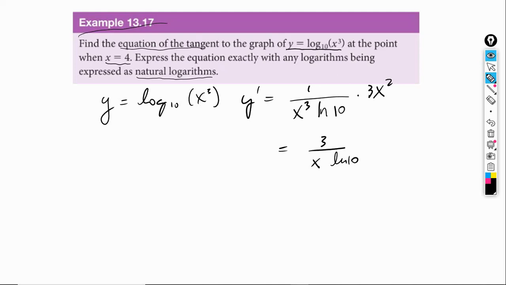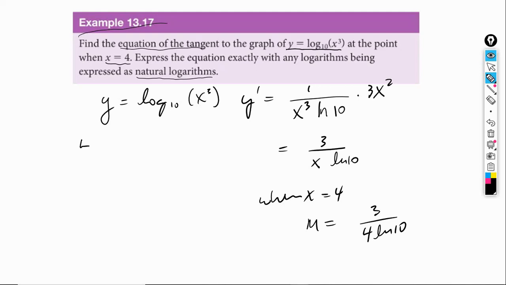So this is the derivative, and that's what we need to find the slope. So when x equals 4, the slope of the tangent is going to equal 3 over 4 natural logarithm of 10. Okay, so we have the slope, we need the point.